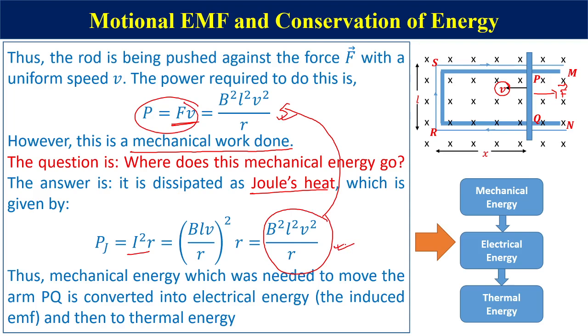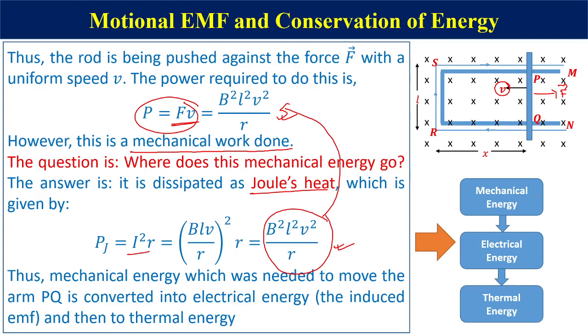So your mechanical energy which is spent to move the rod in this magnetic field with a velocity v from right hand side to the left hand side is getting converted into heat energy, or rather Joule's heat energy, which has the same expression. So what is actually the chronology of conversion of energy?